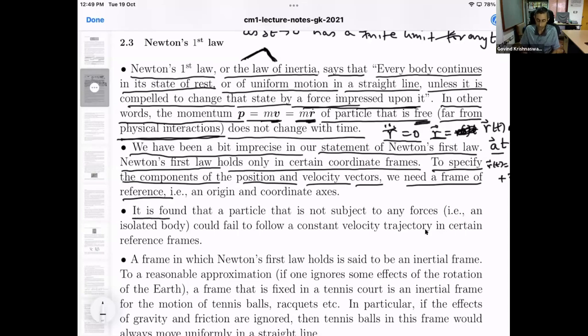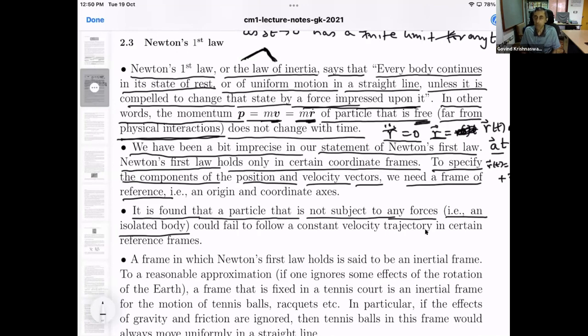Now, it is found, as the examples will clarify, that a particle that is not subject to any forces, that is a particle that is isolated, a free particle. The words free particle, isolated body, a body far from any other interactions, a body subject to no forces, all of these are synonyms.